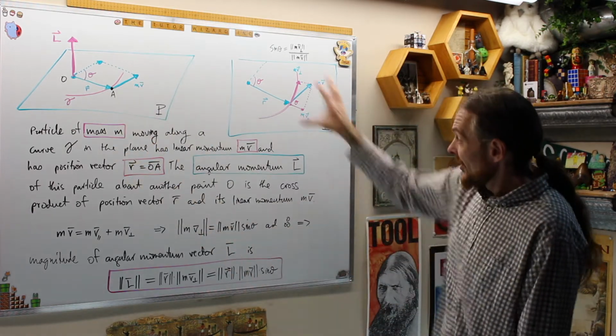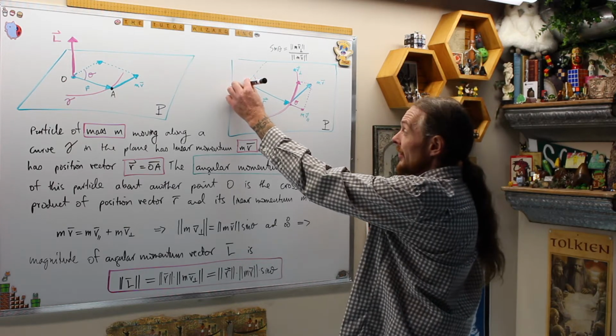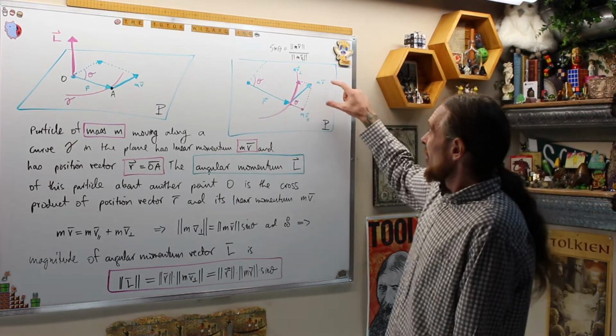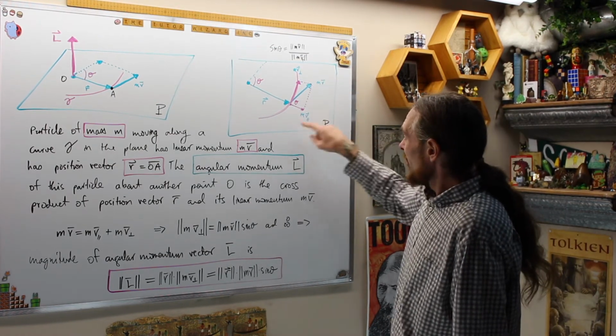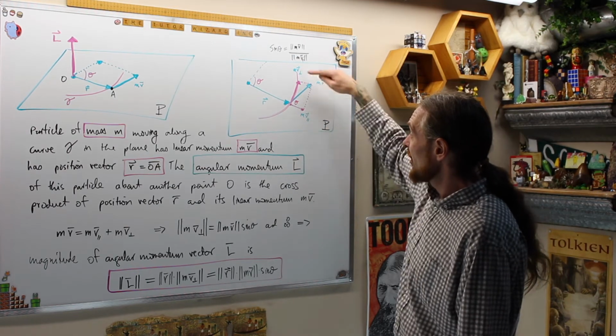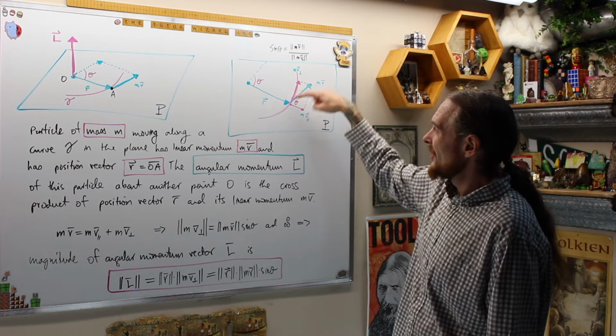Why is that? We look at another picture where L is now pointing out specifically from the board. We're going to decompose the linear momentum into its two components: mv parallel to the motion and perpendicular to the motion. What is the magnitude of that perpendicular one? This is the one that's involved in the angular momentum.